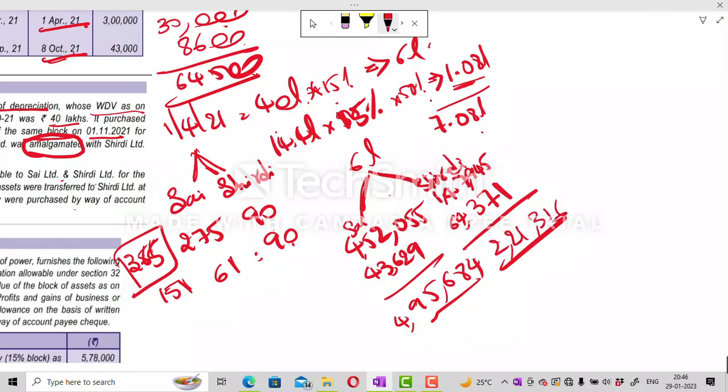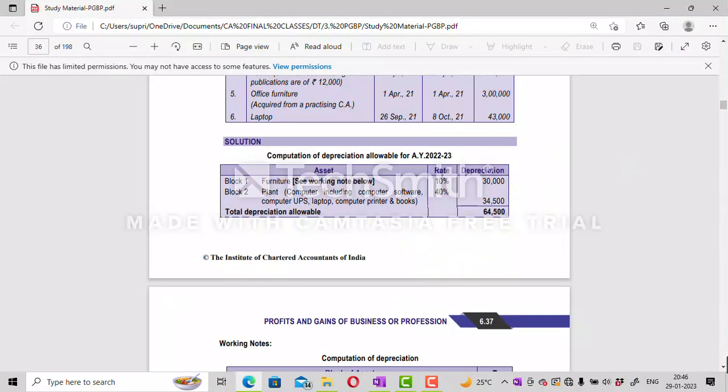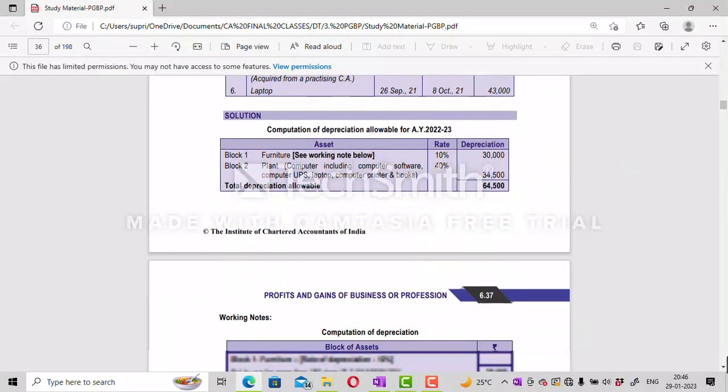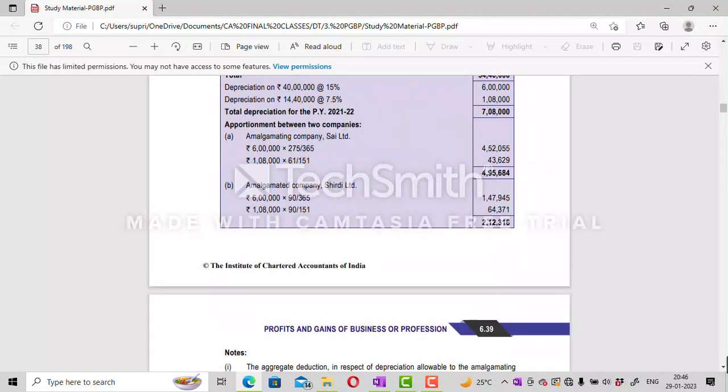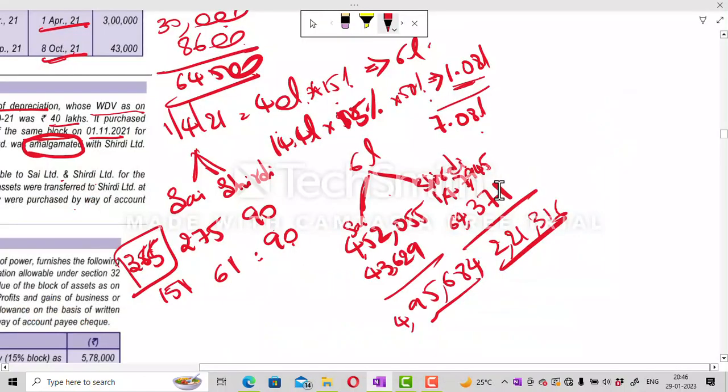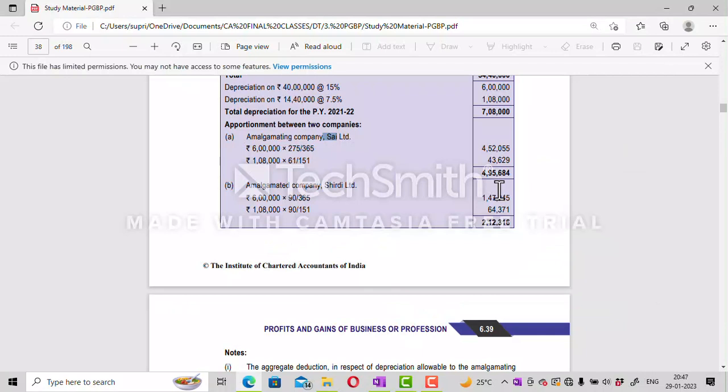Now check with the answer. See, for Sai Limited, 4,95,684. For Shirdi Limited, it is 2,12,316.